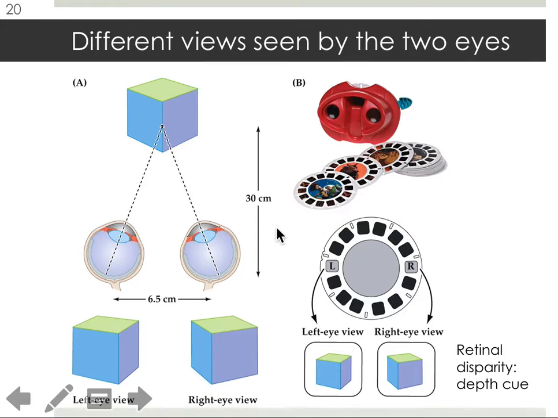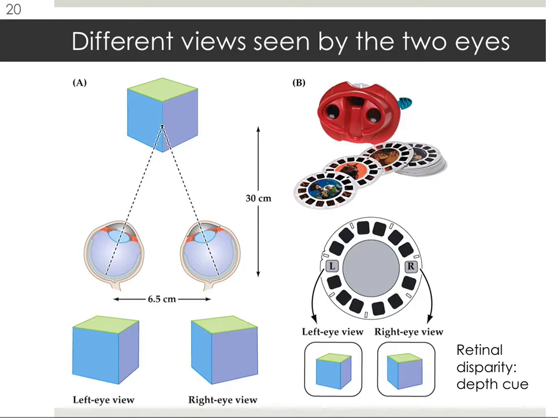So people have designed some fun toys like this one, where you build a retinal disparity cue into something that's actually just two-dimensional, but the normal visual system would infer a three-dimensional experience from it.